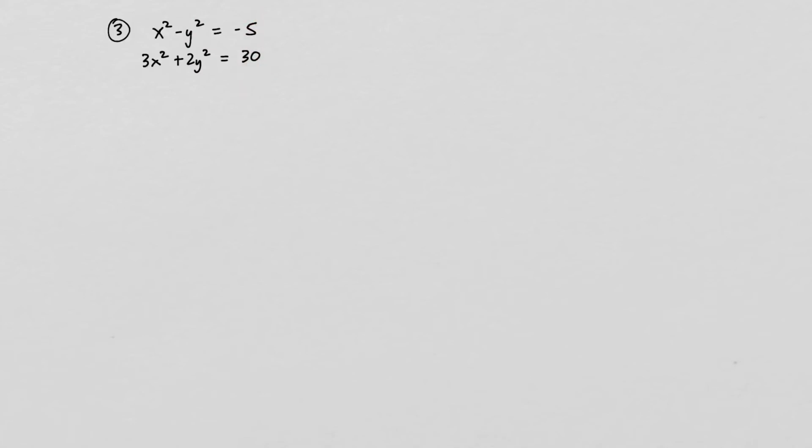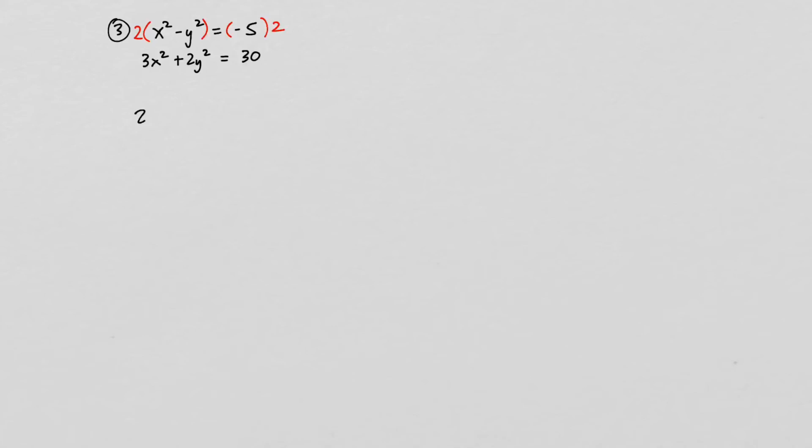So what I'm going to do is take that first equation and multiply both sides by 2. Now, why am I doing this? The reason is because when you do 2 times negative y squared, that will give us negative 2y squared, and that will cancel with this positive 2y squared.